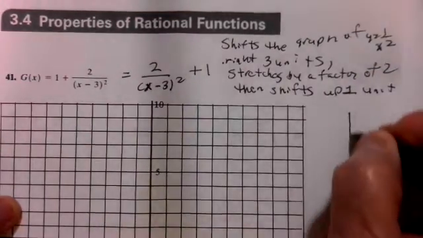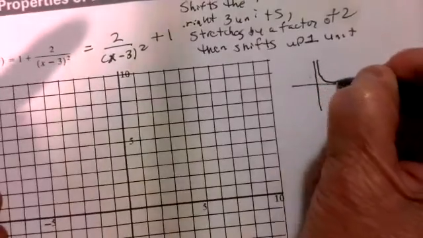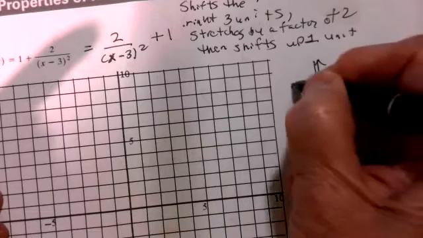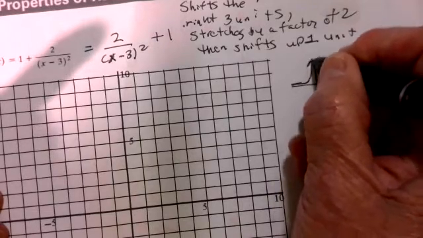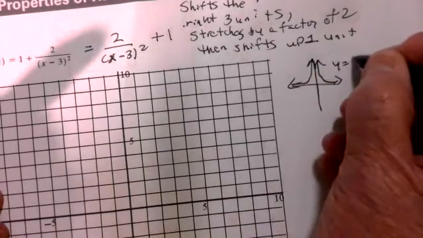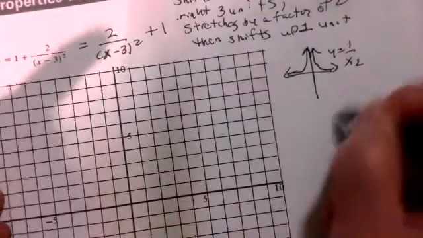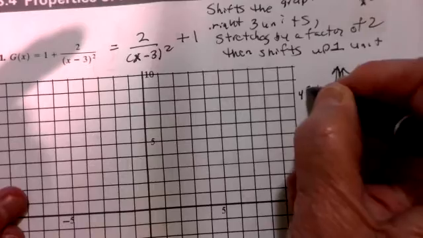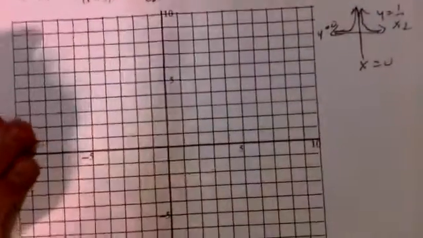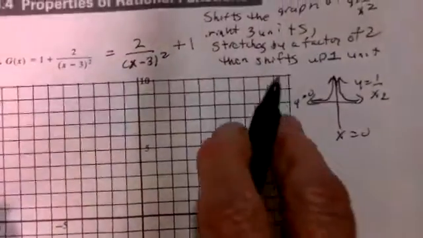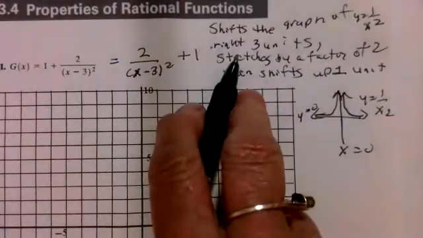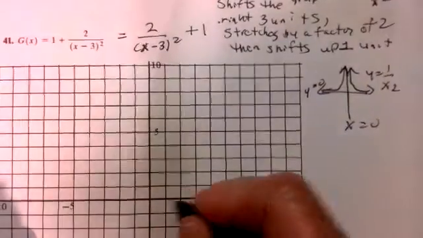Okay, so we know what the normal graph of y equals 1 over x squared looks like. It's got both pieces above the x-axis. It's got x equals 0 as the vertical asymptote, and y equals 0 as the horizontal asymptote. So the vertical asymptote is going to get shifted right 3 units.